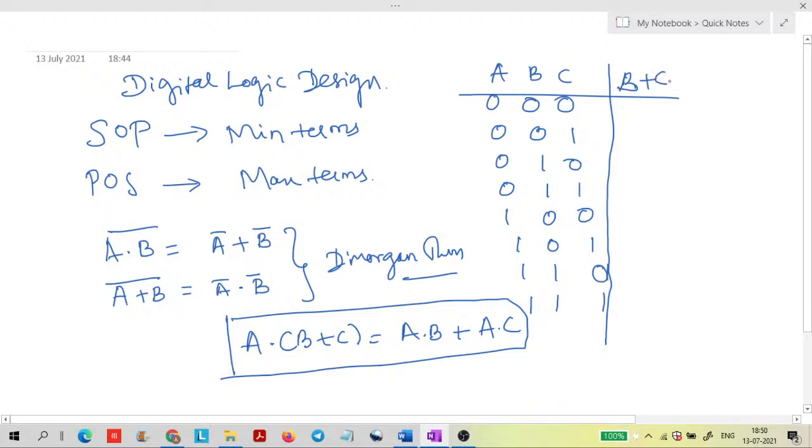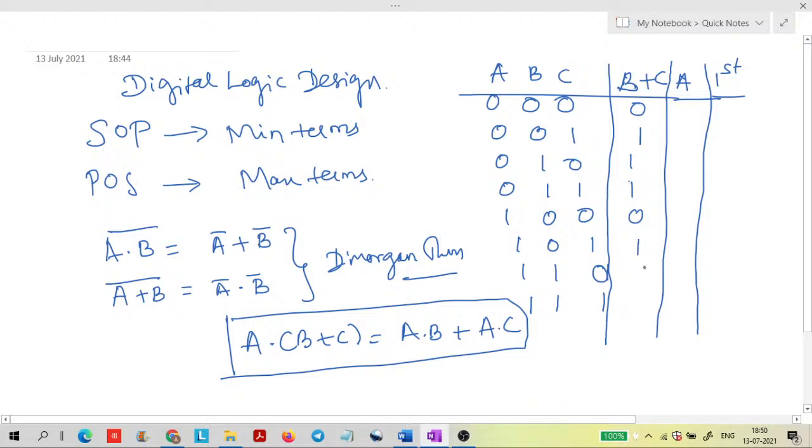A into B plus C. I will first go with B plus C, and here it is A. B plus C means only B and C you need to add, so 1 plus 1 is 1, and the results are 0, 1, 1, 1. Then you need to combine this with A.